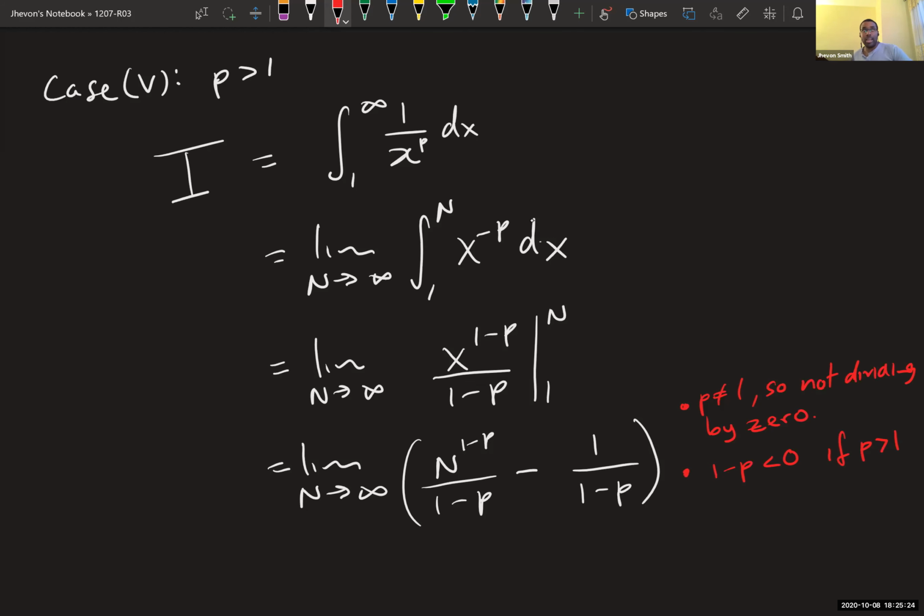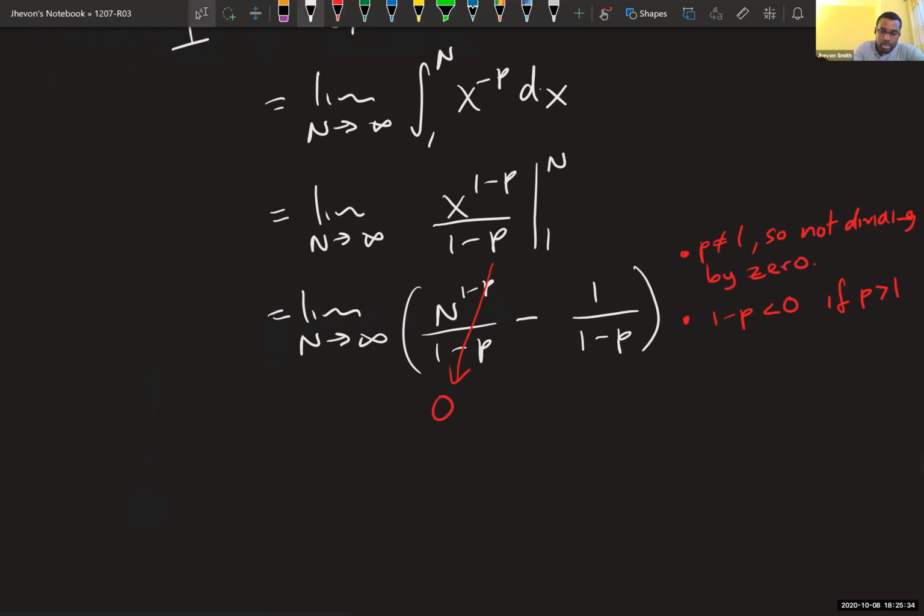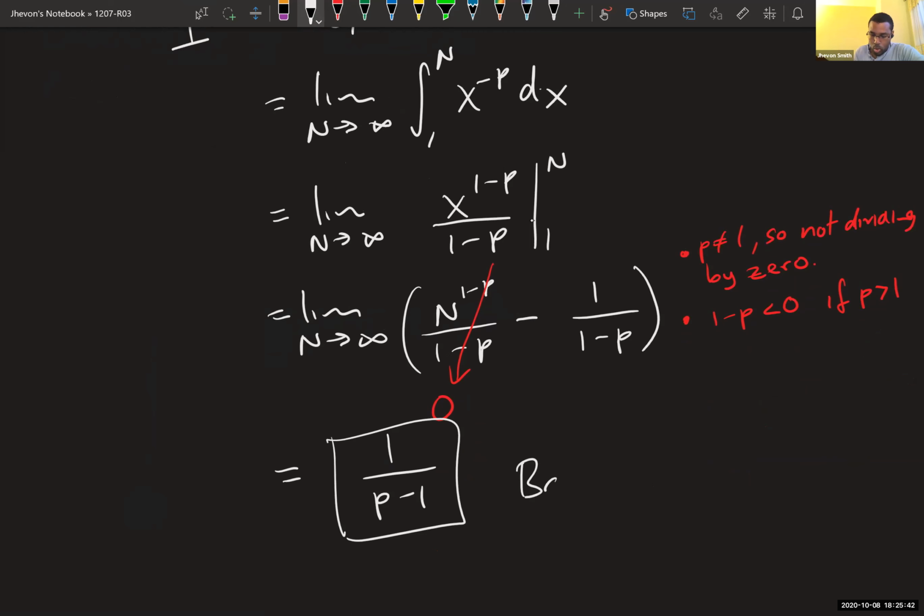So it's going to behave like 1 over infinity to a power, which we know converges to 0. And so ultimately, this limit becomes, boom, converges.